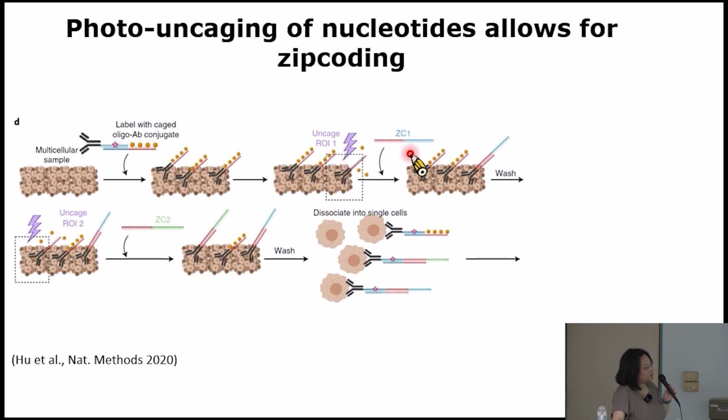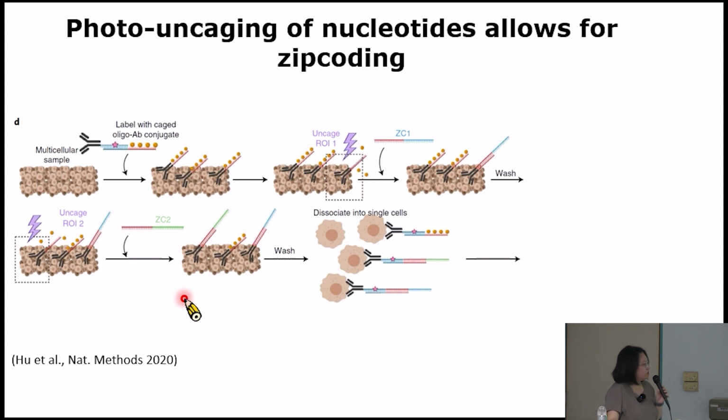It's the blue region. So you will add the blue zip code to this group of cells, and then the authors can repeat the same process on a second region of interest and add a different kind of zip code, in this case the green zip code, to the second kind of cell.